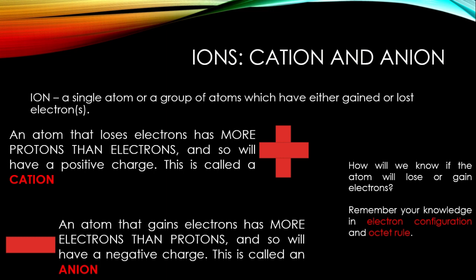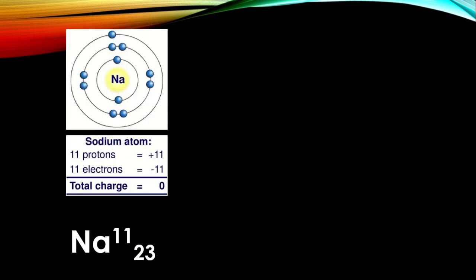Now, recall your knowledge in electron configuration. Ito yung 1s2, 2s2, 2p6, and onwards. And octet rule. Let us have sodium as an example. Ito yung distribution ng electron niya. Sa first main energy level, dalawa lang ang maximum. Sa second ay 8 ang maximum.